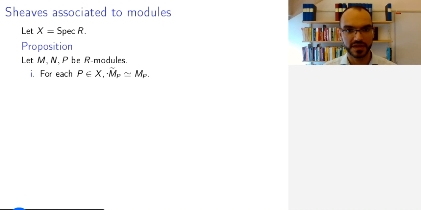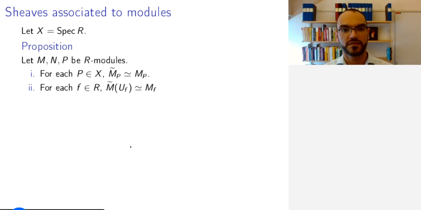So for each point P in X, the stalk of M tilde at this point is the localization of M at P. Second, for each f in R, the section of M tilde at the principal open subset U_f is exactly the localization of M at f.